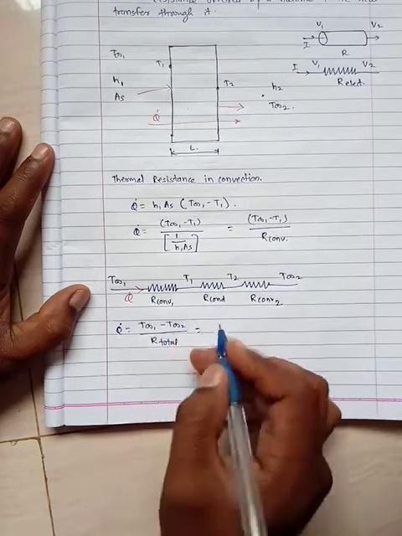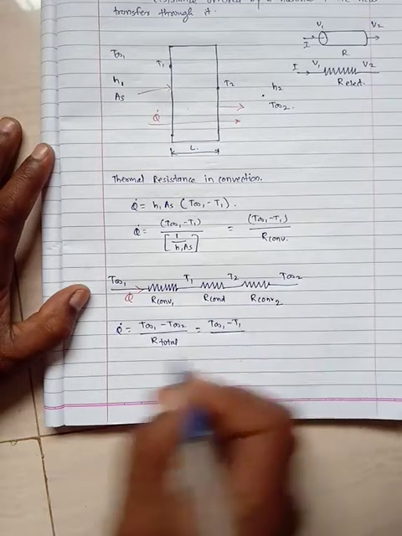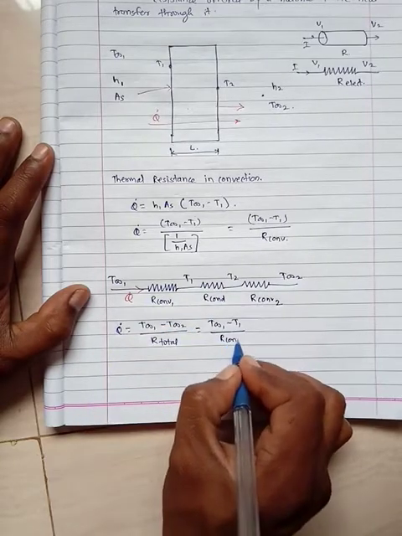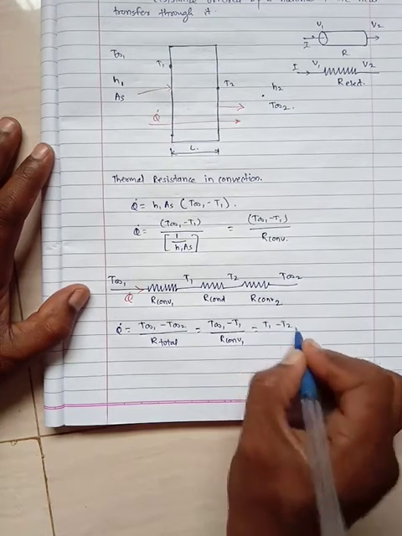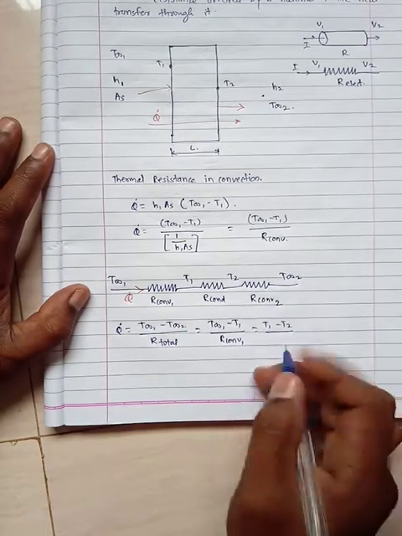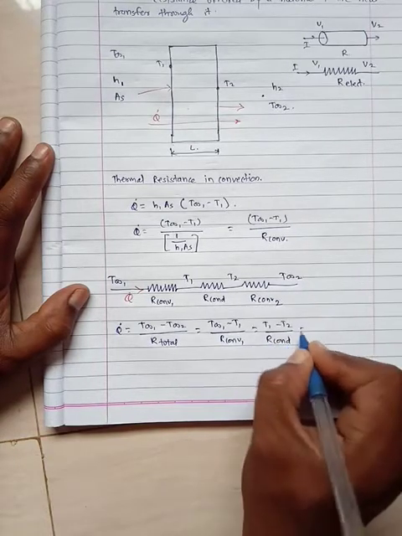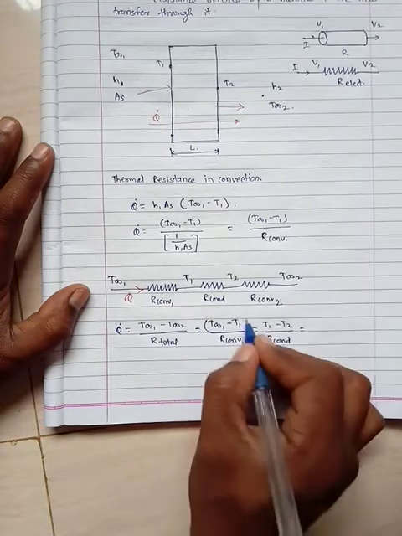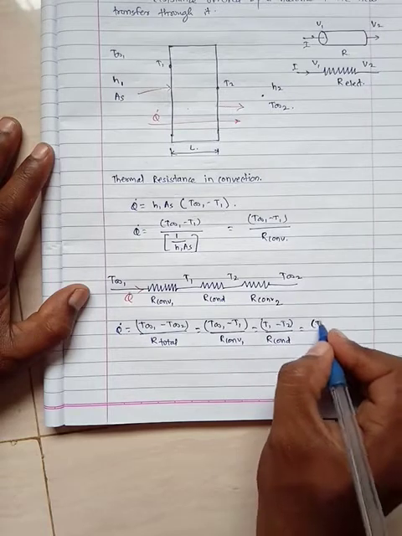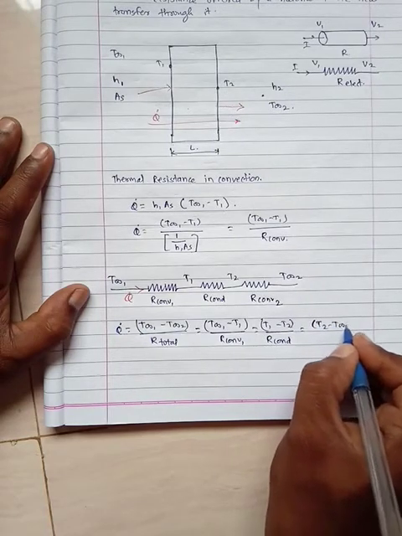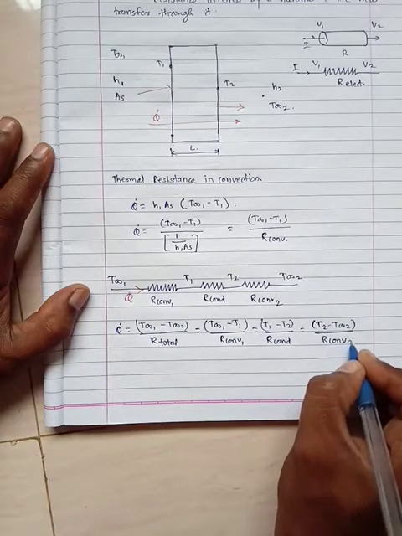This is also equal to (T infinity 1 minus T1) divided by R convection 1, which is also equal to (T1 minus T2) divided by R conduction, which is equal to (T2 minus T infinity 2) divided by R convection 2.